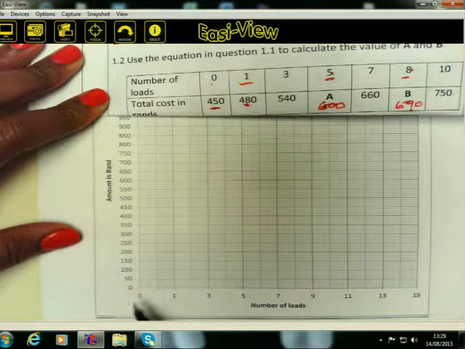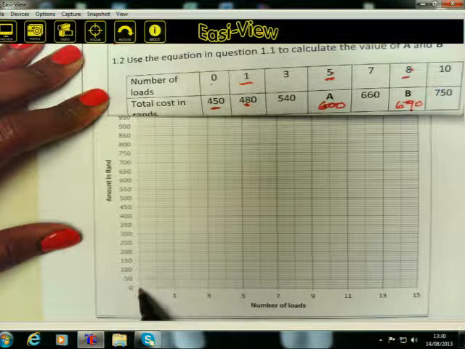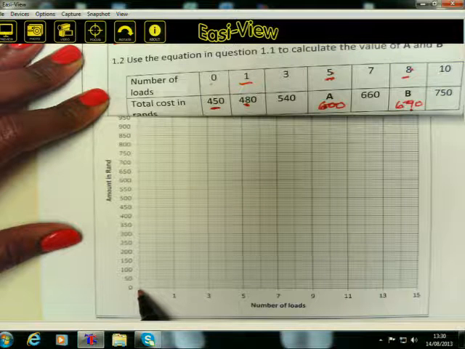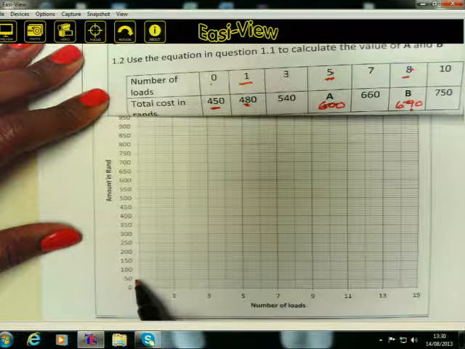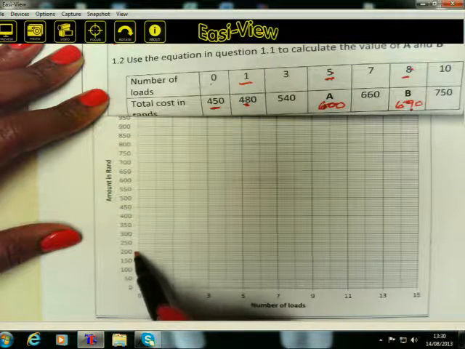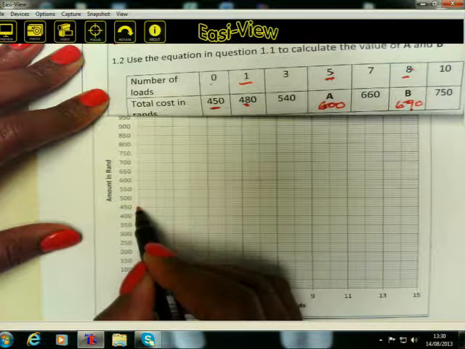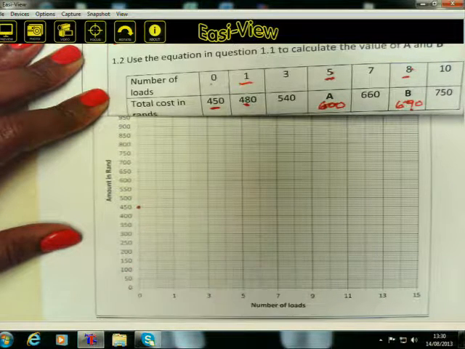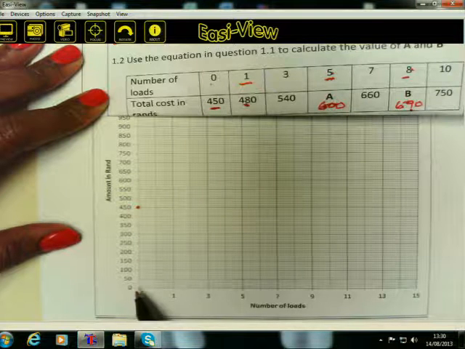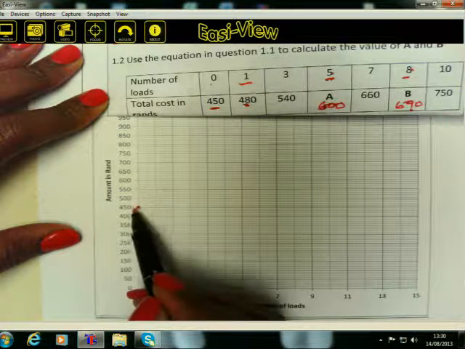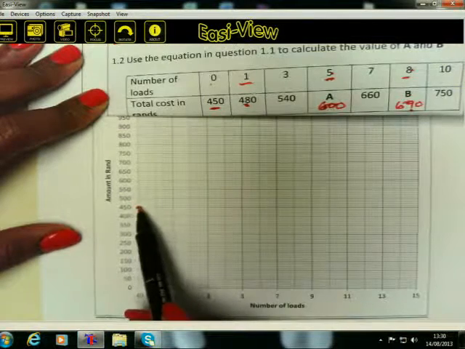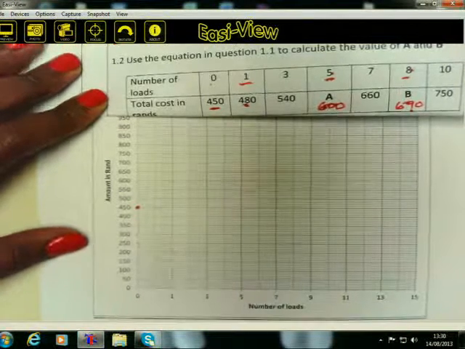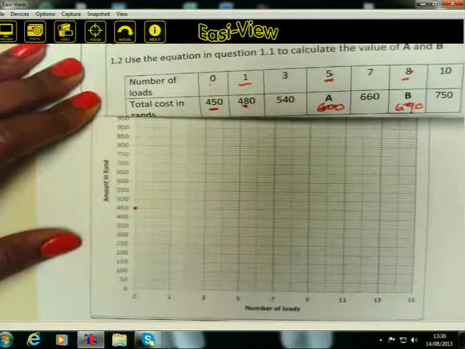Now we go to our grid. There is 0. And then we look for 450. Remember, it's 50, 100, 150, 200, and there is 450. Because remember, number of loads is 0, but the cost is 450. That is why we place it there on the y-axis.